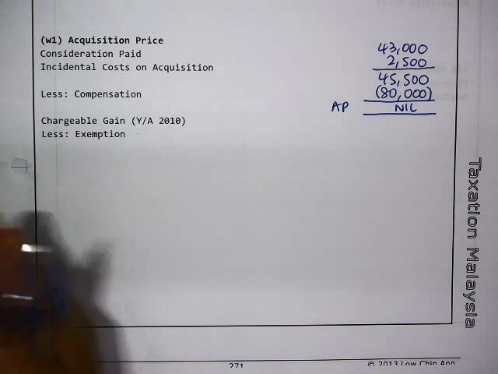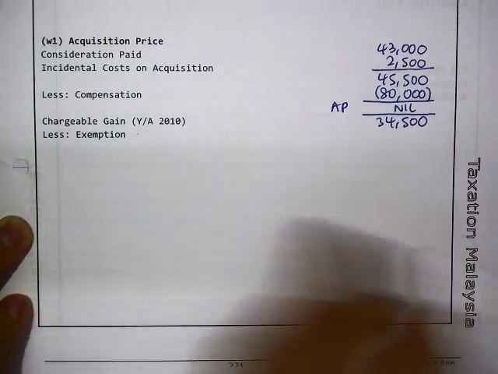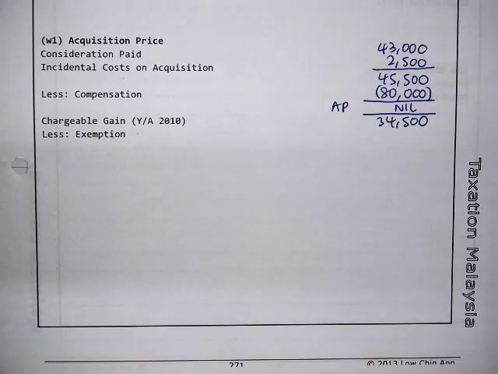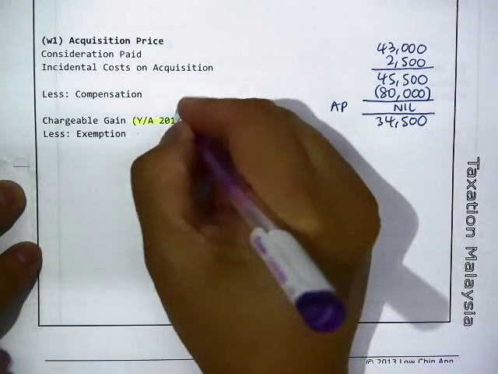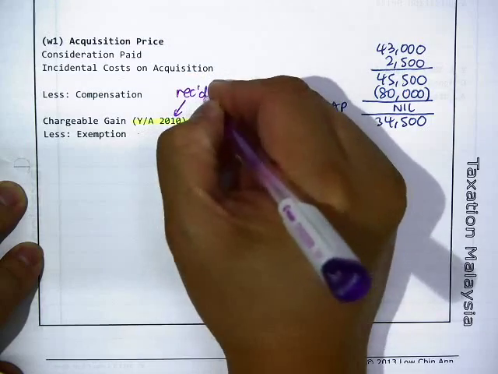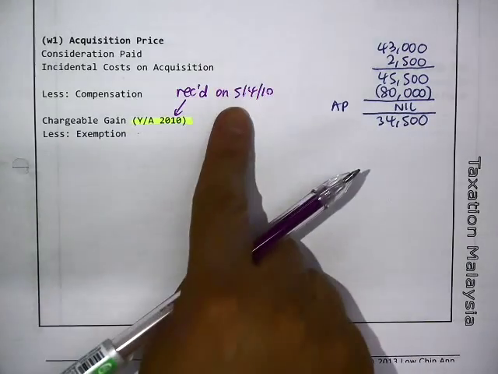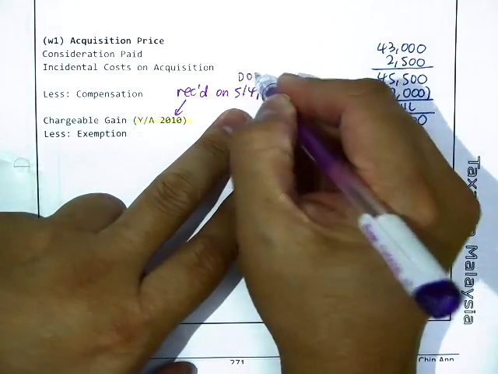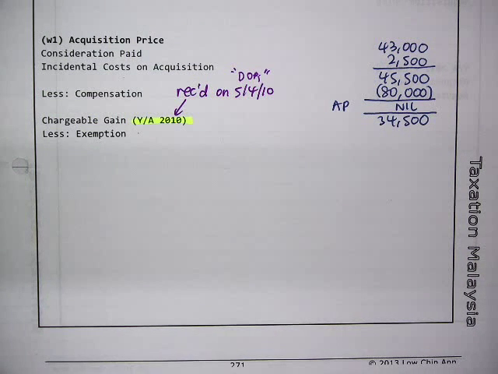Now what is my acquisition price? See, I've told you just now that there's a very special case over here, because your recovery is more than your cost. If you work out the acquisition price, you will realize that this house, you bought it for 43,000, and then you pay a legal fee of 2,500, so it's 45,500.